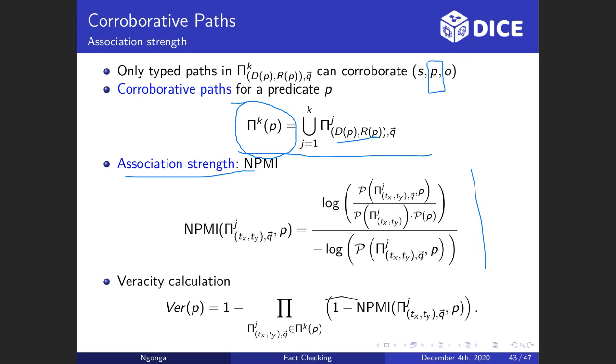So that's fundamentally the equation, but the way it's implemented is slightly different. And for the veracity calculation, i.e. for computing how likely a predicate is to hold between two things, you'll basically use 1 minus the product of 1 minus the NPMIs of the different paths across all the path evidence which you have found. So basically you're looking at the disjunction of these paths and asking how likely is it that this disjunction is true.